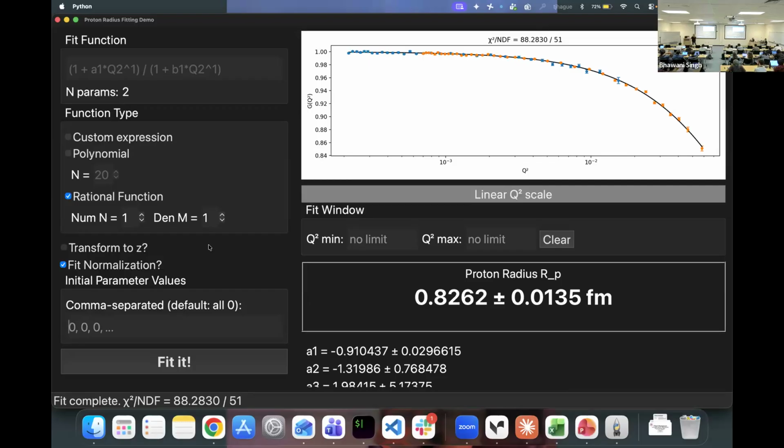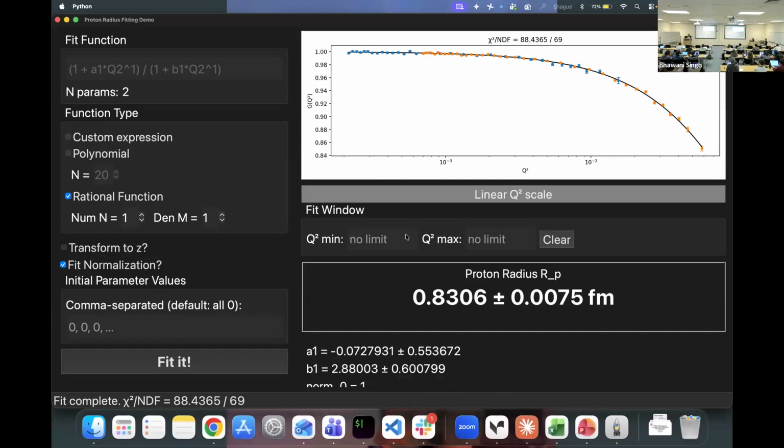This is a class of functions that is mathematically shown to not go too tremendously off the rails when you extrapolate past the region of the data. It's not perfect, but when we don't have an exact functional form for GE, that's pretty good. And so this is what the PRAD result actually was, this rational 1-1 function.